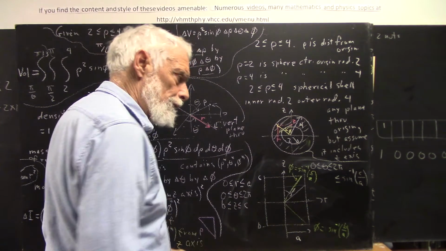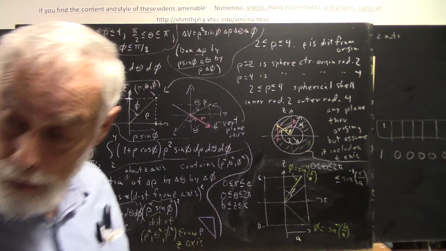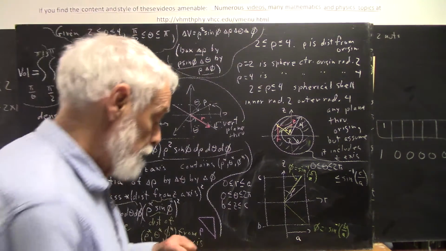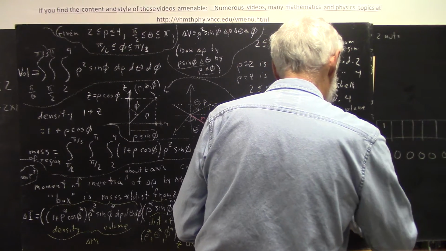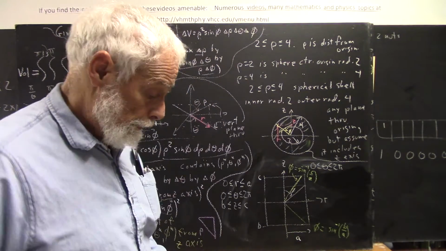I didn't leave myself enough room to write out the inequality. So let me write down the first set of restrictions on phi.